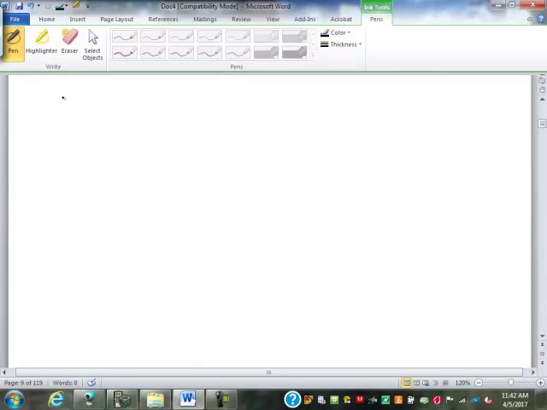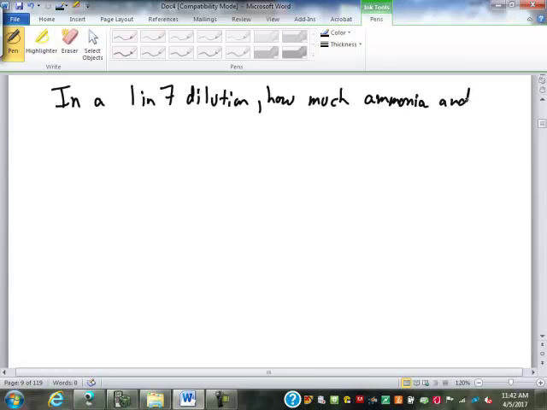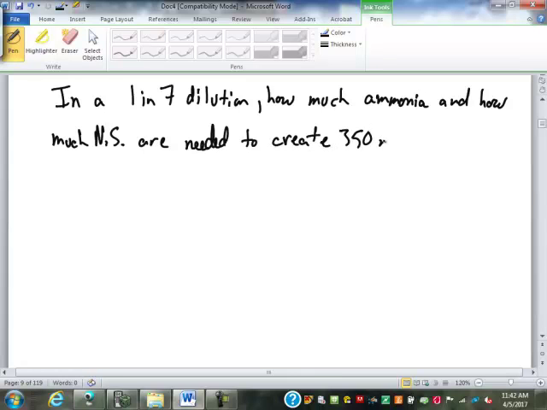Or we might have, in a 1-in-7 dilution, how much ammonia and how much sterile water are needed to create 350 milliliters of solution.